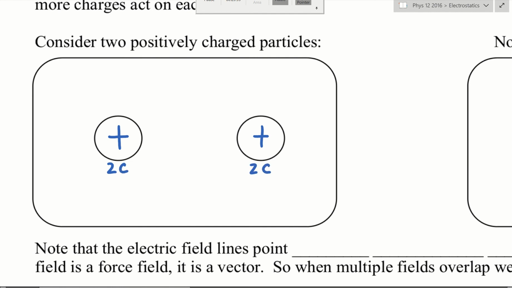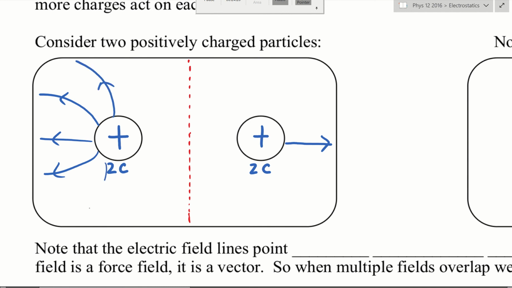Then it looks like there's a line in the middle that they are not touching. It's going to be right in the middle if those two charges are exactly the same. So on this side, you have electric field going away, electric field going away. On this side, then you start to have some of these curve like that. So it's almost like they don't like each other.